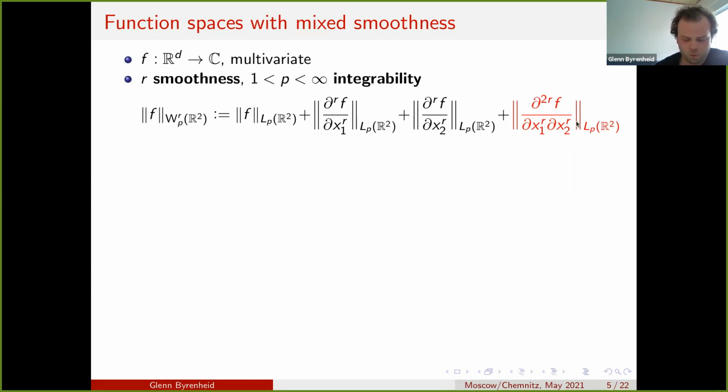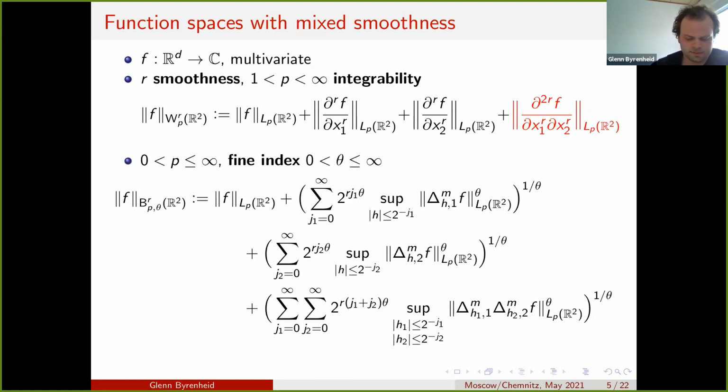That means we have the r-th weak derivative bounded in L_p, and additionally we have such a term where we differentiate r times in every single direction simultaneously, bounded in L_p. And from this last term, the name comes from mixed norm or mixed smoothness, dominating mixed smoothness.